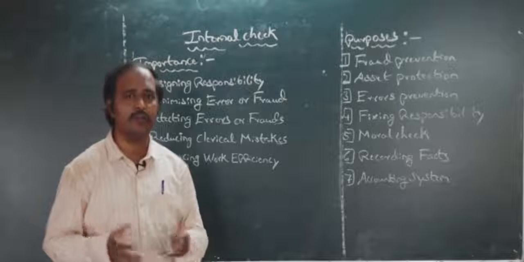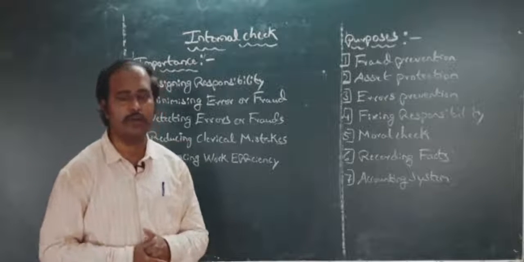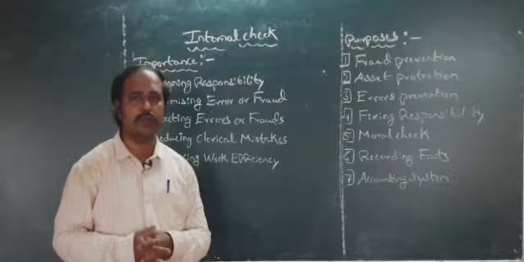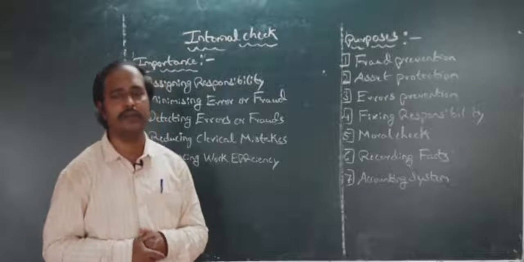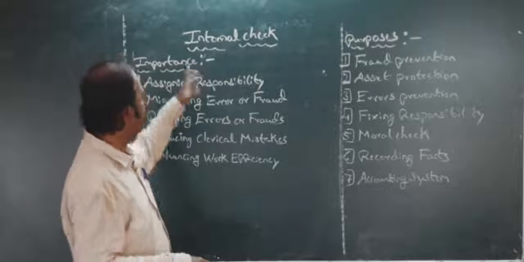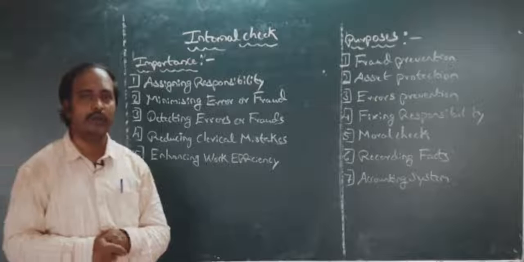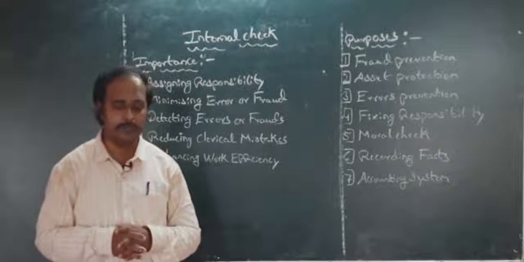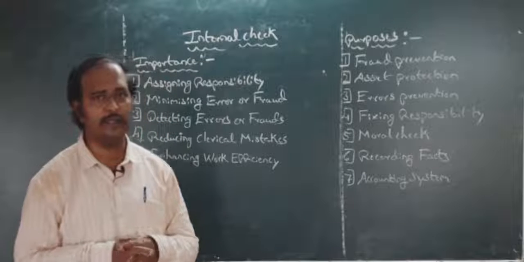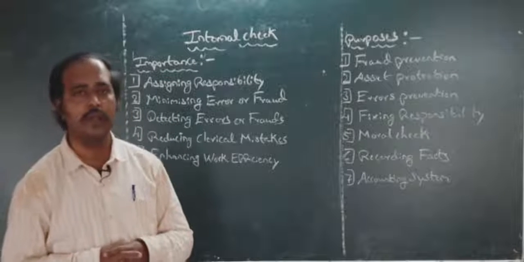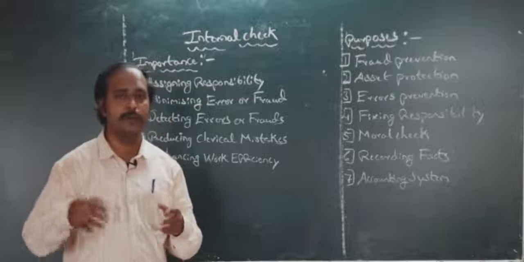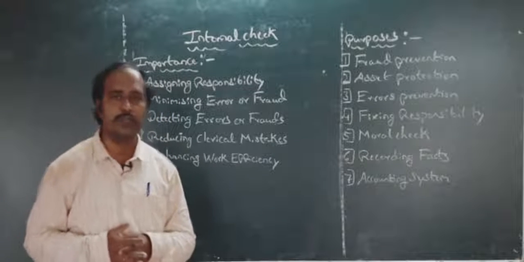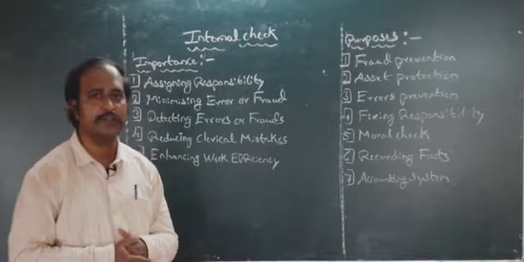But there may also be chances of inefficiency shown by the employees during the work, and that can be detected only with the help of this internal check system. In the internal check system, you will come to know which person is working efficiently and which person is not, and if a person is not working efficiently, what measures are to be taken to improve his efficiency.